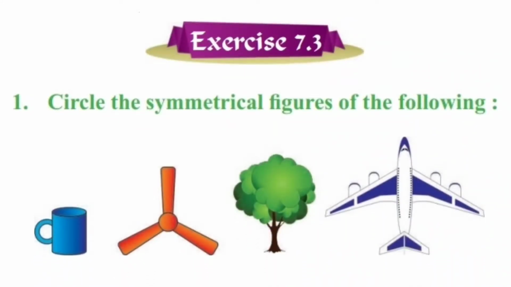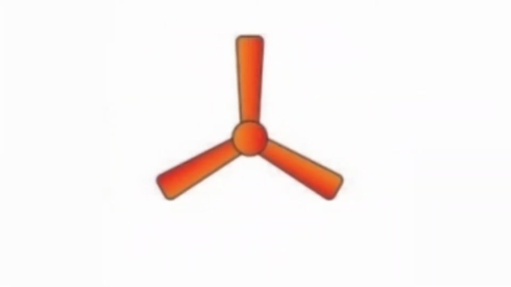Here we are given 4 figures and we have to find and encircle the symmetrical figure. For this, we'll try to divide the given figures into equal parts. With the help of a vertical line, when we divide the fan into two parts, we see that one part is a reflection of other part.